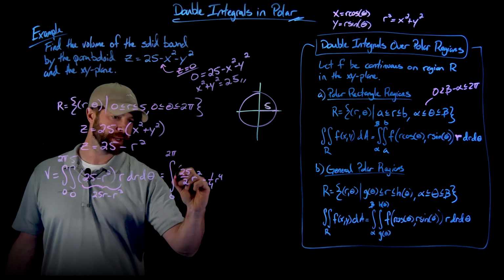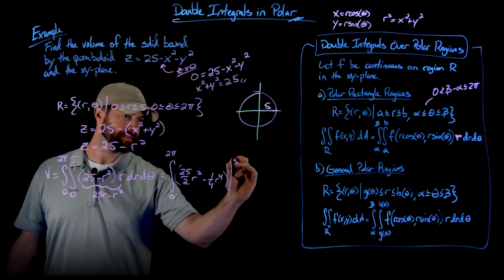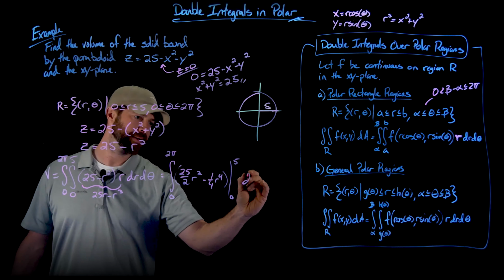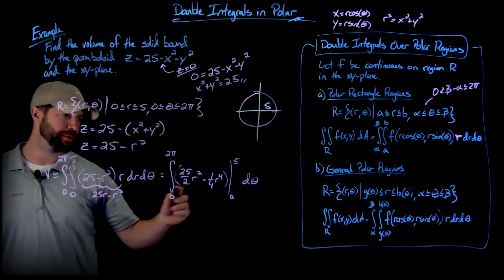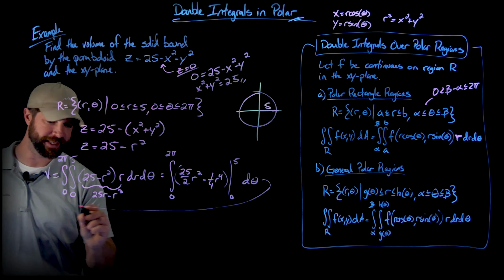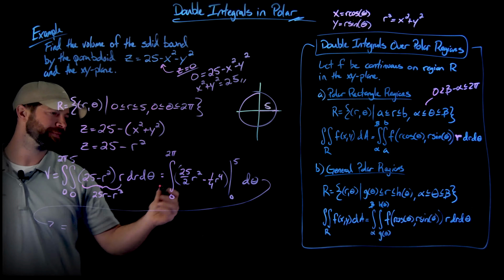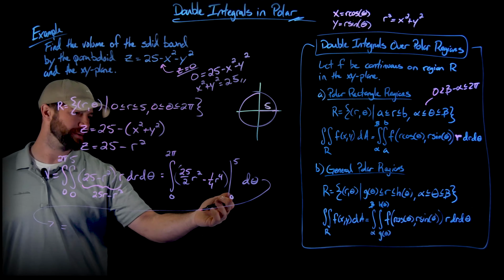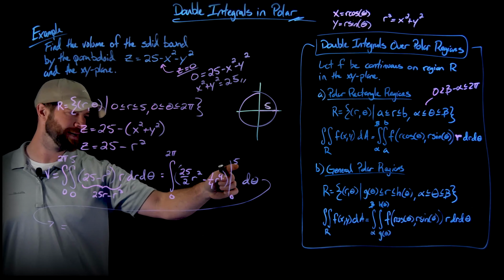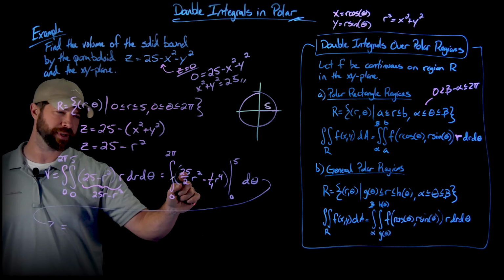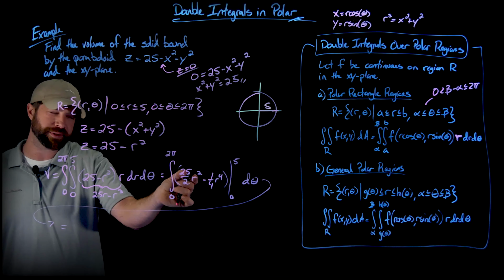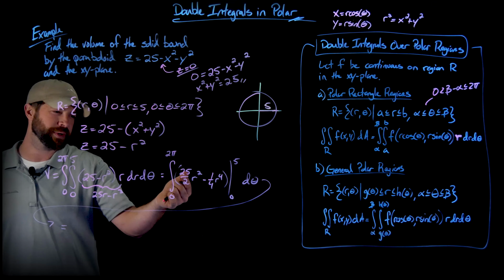And we need to evaluate this from 0 to 5, and then we'll be left with an integral in terms of theta. Again, the evaluation of this is pretty easy since I have this 0 as a lower bound. When I plug in a 5 here, I'll get 5 squared, so this will become 5 to the 4th on top over 2, which is 625.